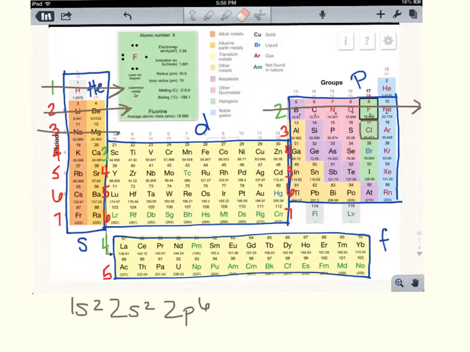Now I keep going to 3s2, and then to 3p, not 3d, 3p, 1, 2, 3, 4, 5, 3p5. Okay, so that's how we can do the electron configuration for chlorine.